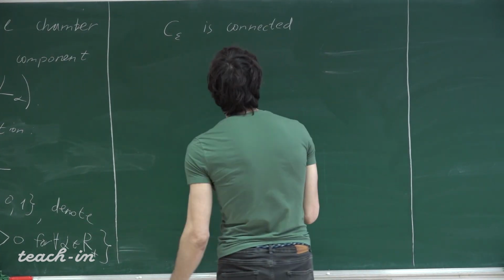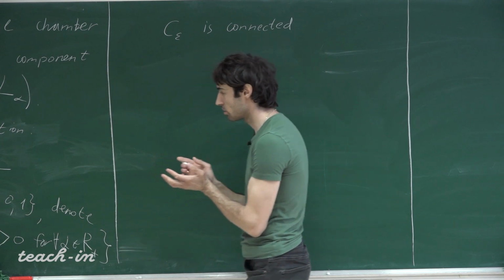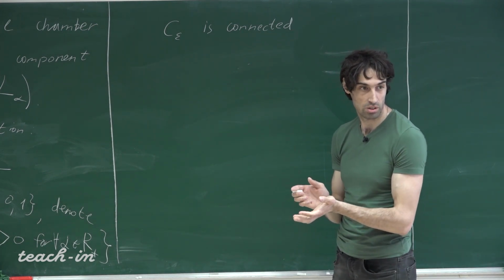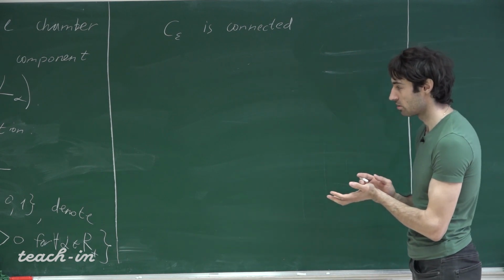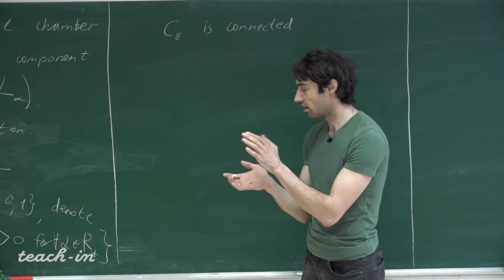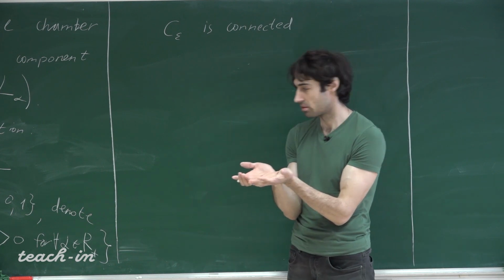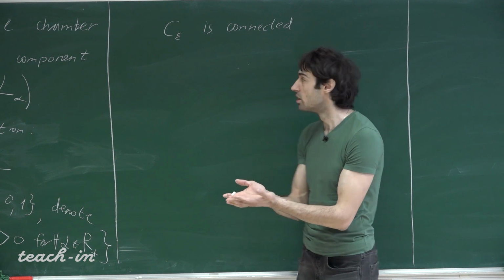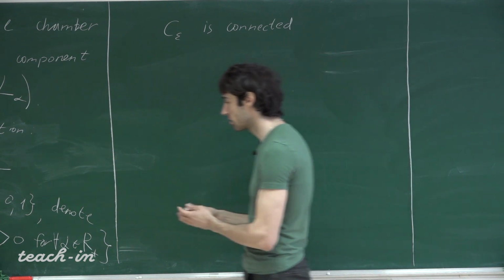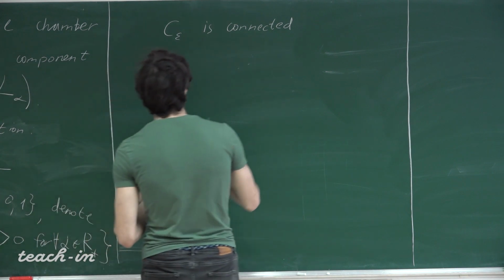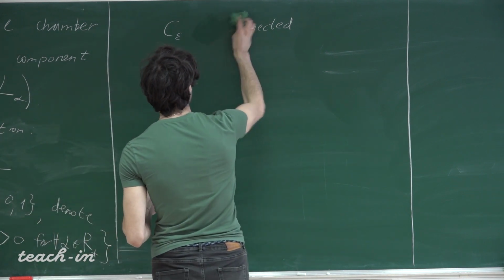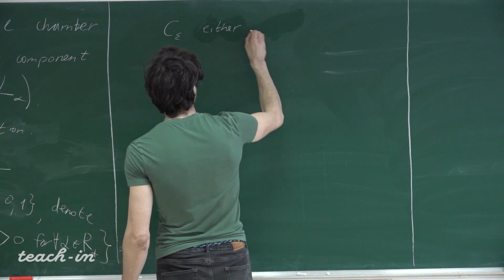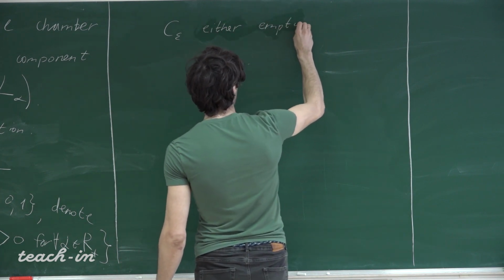So C epsilon is connected. This is because it's just a convex set, something that lives between a bunch of hyperplanes. I should be more accurate here: C epsilon is either empty or connected.